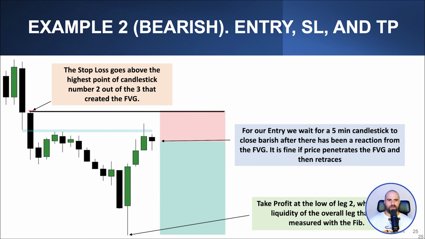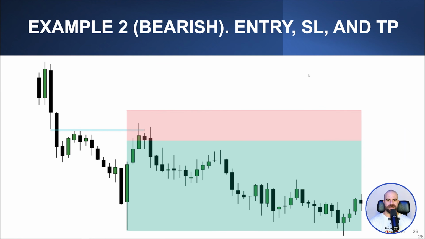And now the stop loss, of course, still goes above candlestick number 2 out of the 3 that created this FVG. Initially, the FVG goes until here, by the way. Okay, let's proceed. This is exactly how the trade would be playing out. Simple, easy.